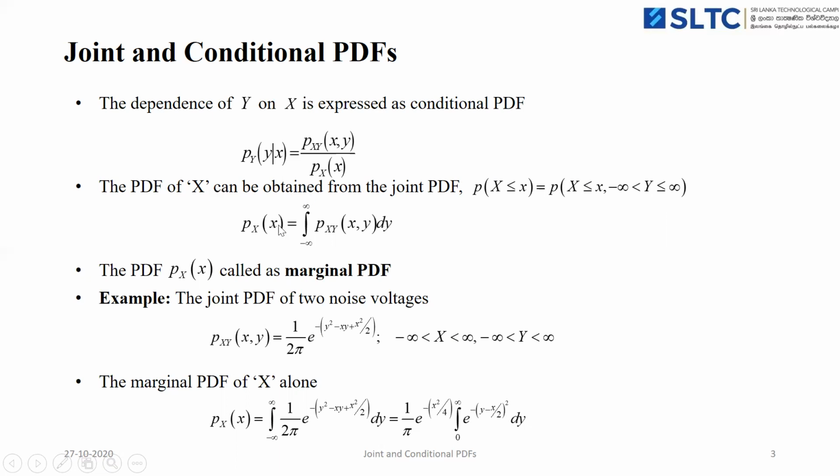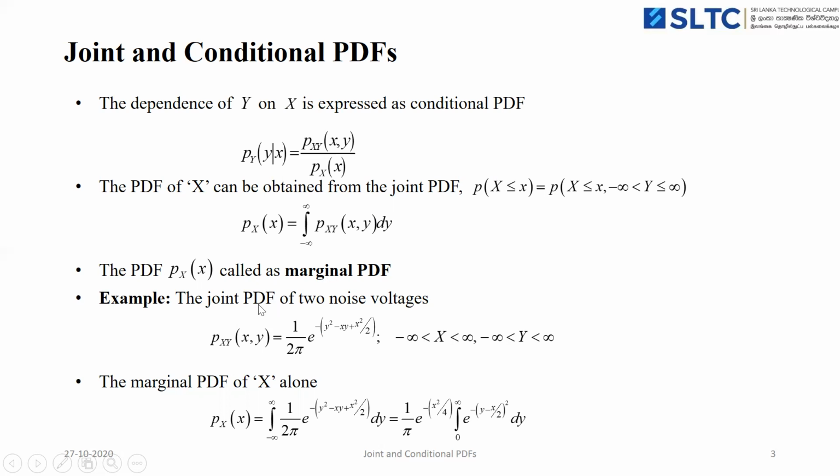Here the PDF of the random variable x is determined from the joint PDF function by integrating over minus infinity to plus infinity. This kind of PDF function is called a marginal PDF function, because it is calculated from the joint PDF function of the two random variables x and y.